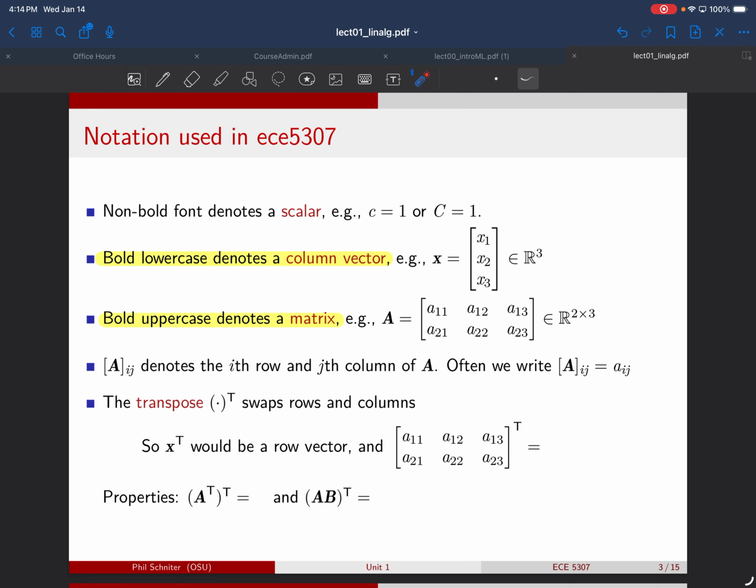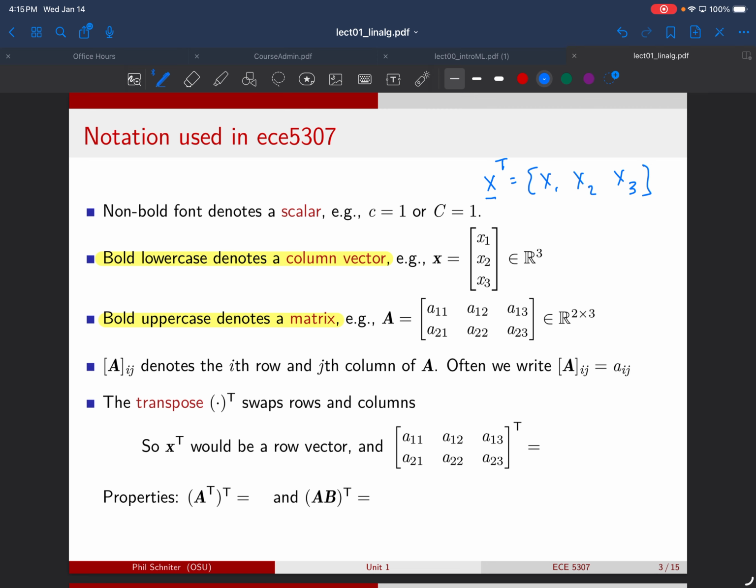So if we want to write a row vector, like x1, x2, x3, I couldn't write that. Can anyone tell me why, according to my rules, and how do I fix this expression? I need to put a transpose on this.